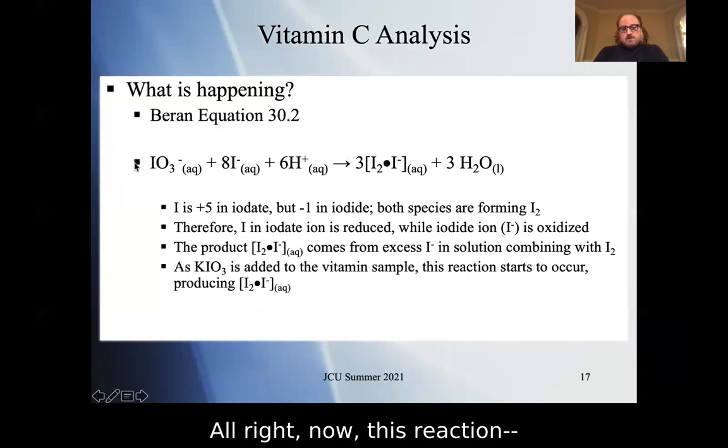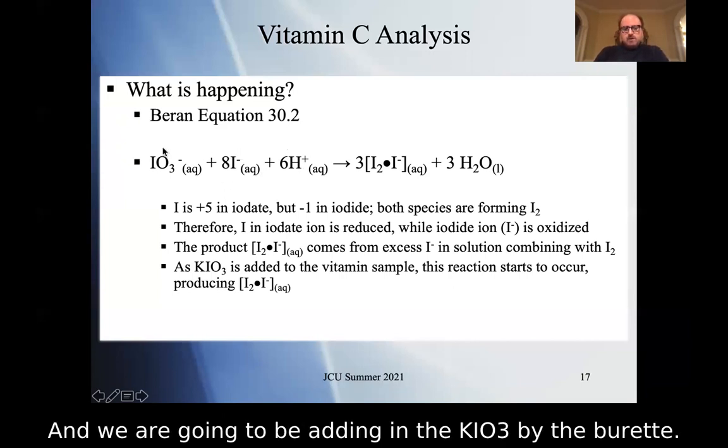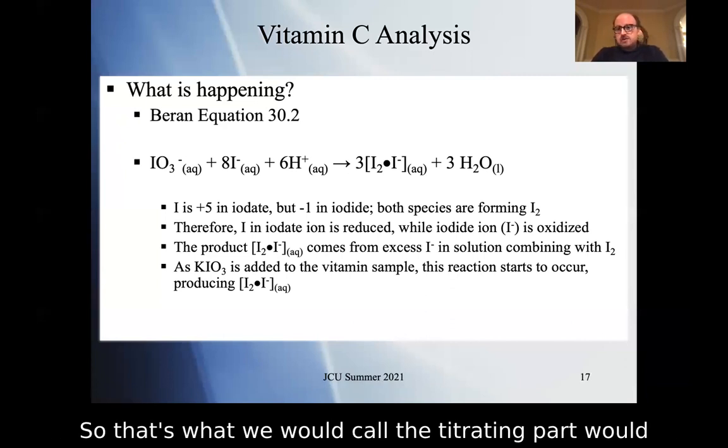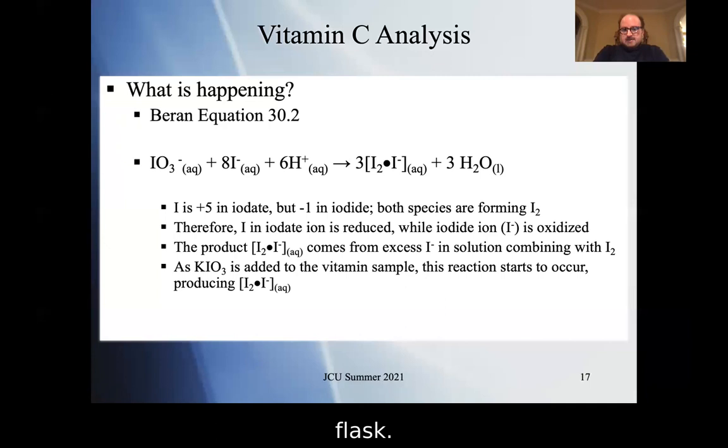All right, now this reaction, basically everything's going to be in the flask, I minus and H plus. And we are going to be adding in the KIO3 by the burette. So that's what we would call the titrating part, dispensing the primary standard into our reaction flask.